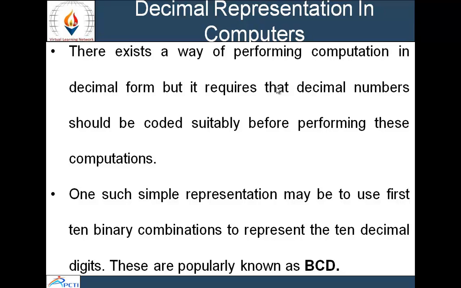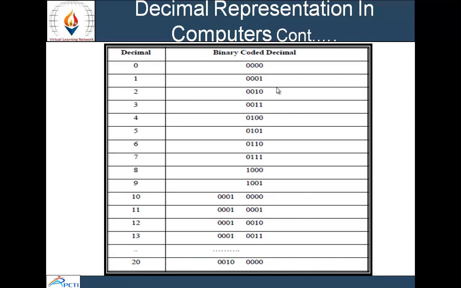One such simple representation is to use the first 10 binary combinations to represent the 10 decimal digits, and these are known as binary coded decimal. You can see the binary coded decimal of the given decimal numbers in the table.